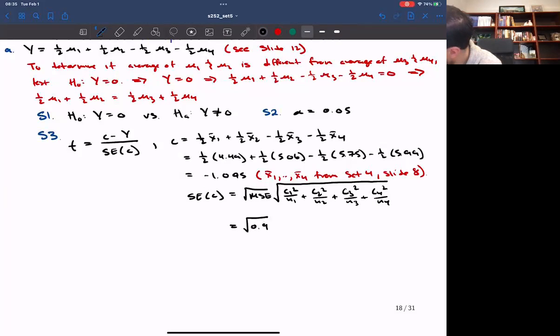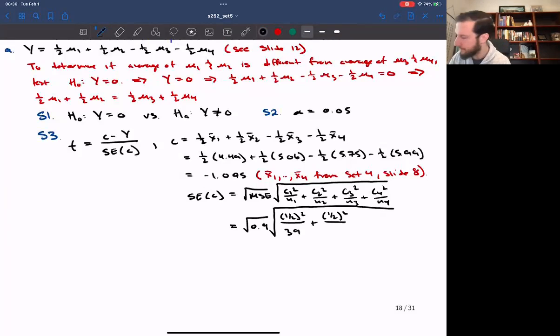So this is going to be 0.9 multiplied by the square root of 1/2 squared divided by 39 plus 1/2 squared divided by 20 plus negative 1/2 squared divided by 28 plus negative 1/2 squared divided by 14.